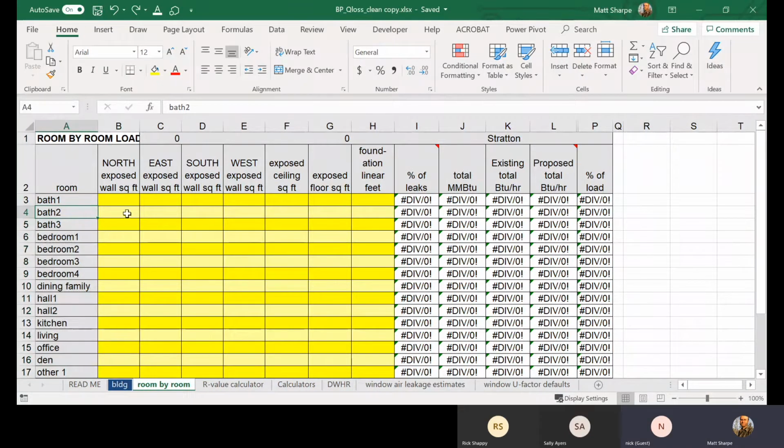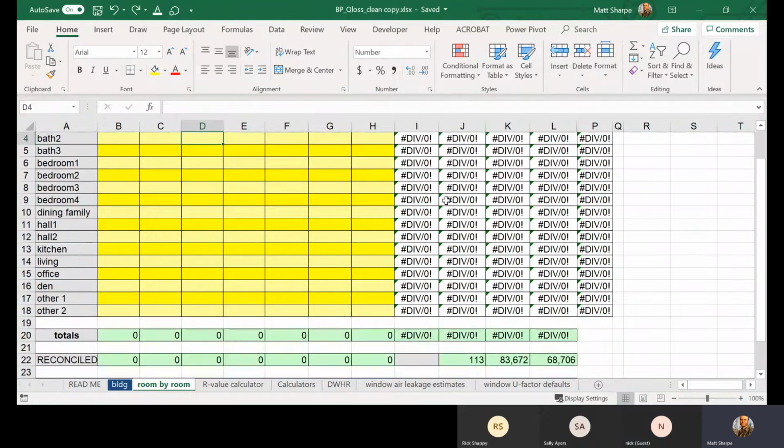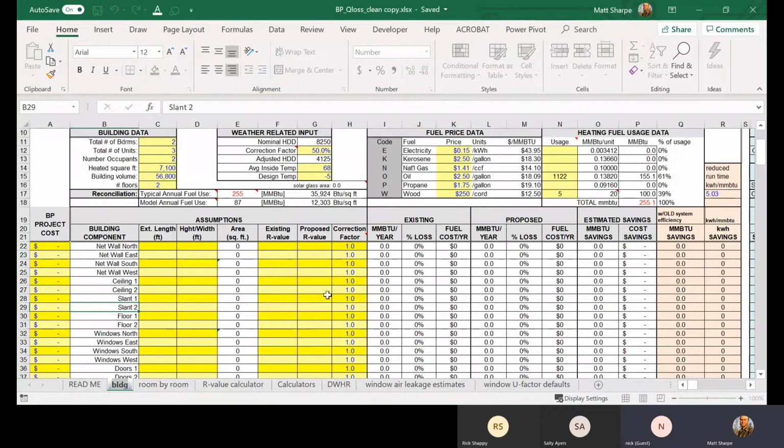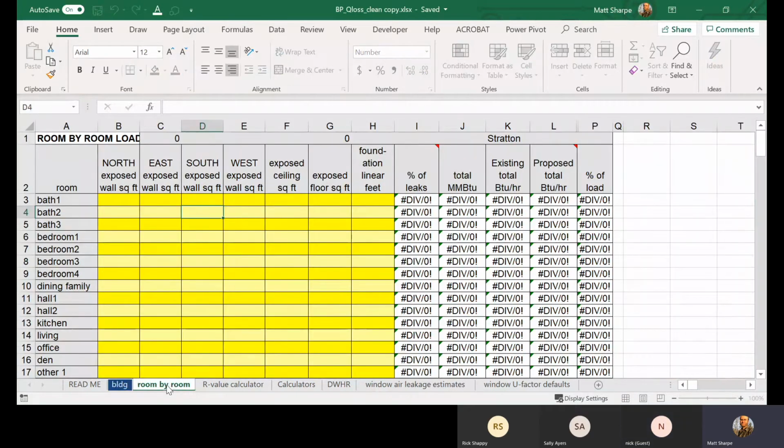Then you'd say, okay, this room has so much north wall, so much east wall, south wall, ceiling, etc. And you start building out the heat load and dividing the heat load into the different rooms. The heat load that is calculated back on this building page gets divided room by room by your inputs here. We're not going to get into that really, but that's what that is.